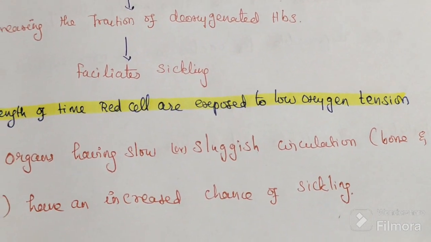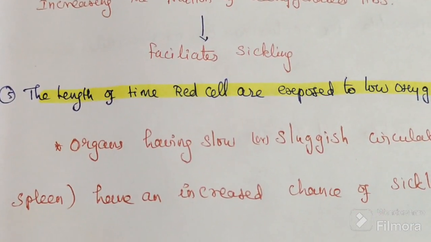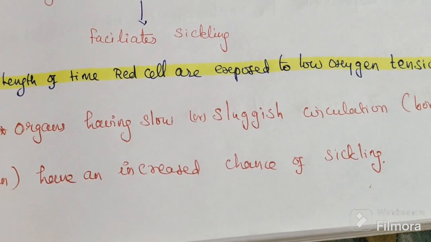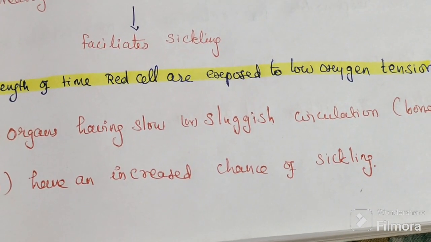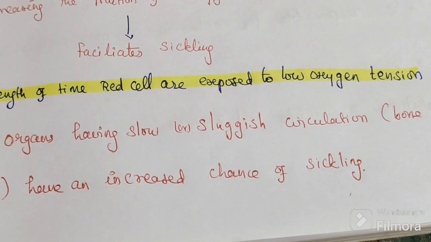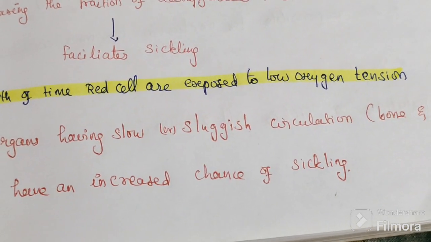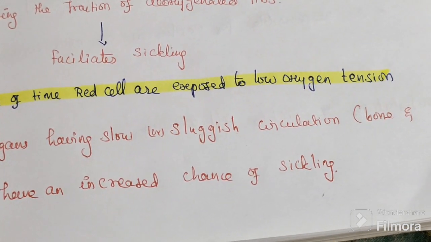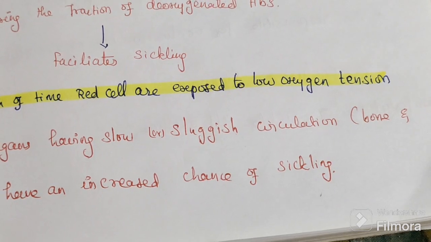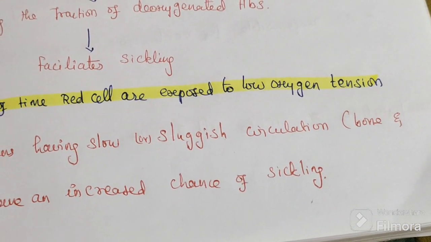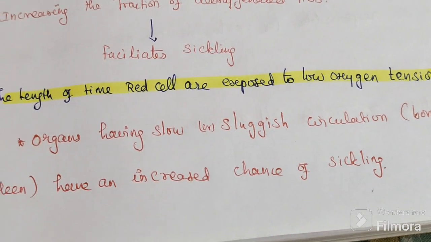This is the conclusion. The fifth and last factor is the length of time for which the cells are exposed to low oxygen tension. There are two types of organs in the human body: organs which have fast blood flow and organs which have slow or sluggish blood flow.